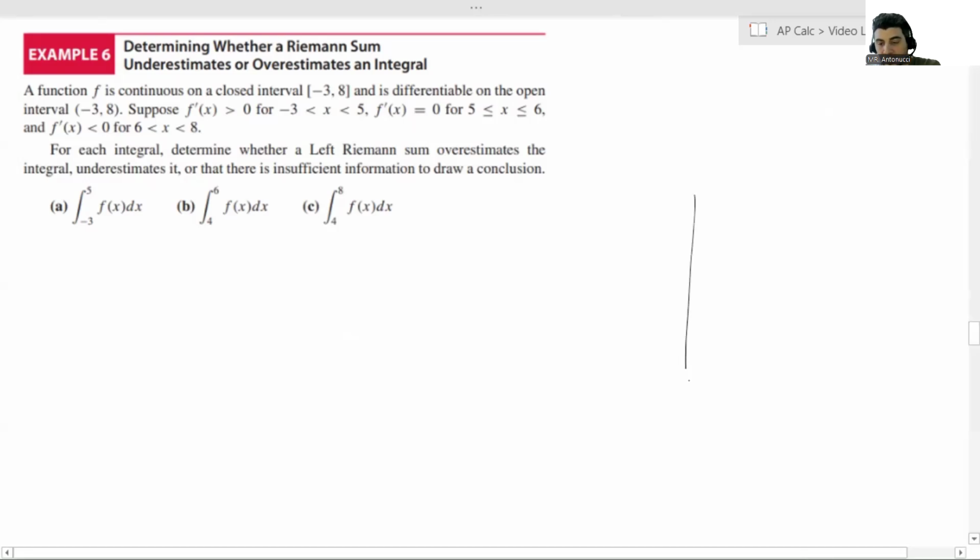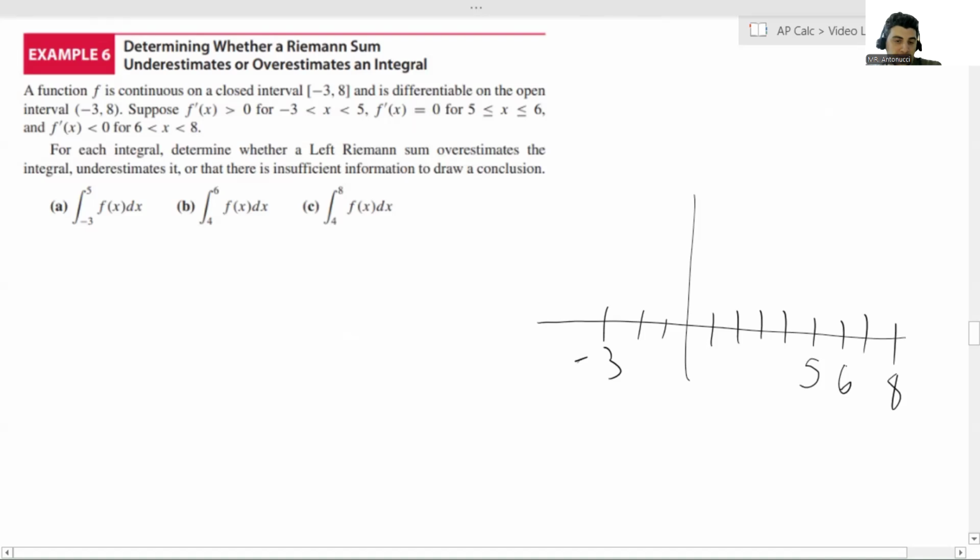So sometimes it's helpful to just draw some of this. 1, 2, 3, 4, 5, 6, 7, 8. Here's 8. Go from -3 to 5, then 5 to 6, and then 6 to 8. So I know f prime is positive for -3 to 5.